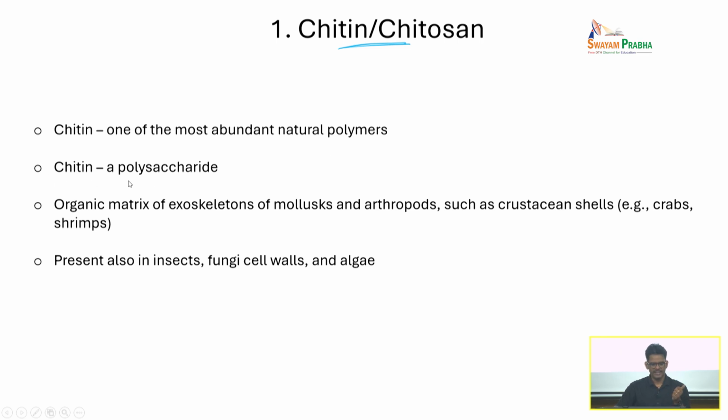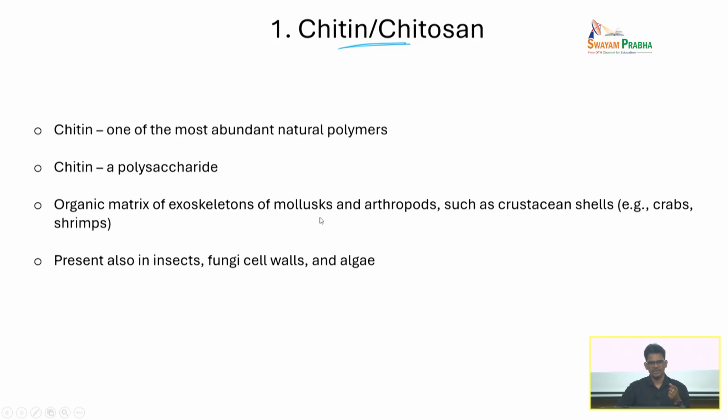Chitin is also a polysaccharide, which means it is a polymer of sugar units. You will find chitin in the organic matrix of exoskeletons of mollusks and arthropods such as crabs and shrimps. The hard shell that you see on a crab or lobster is primarily made up of chitin.